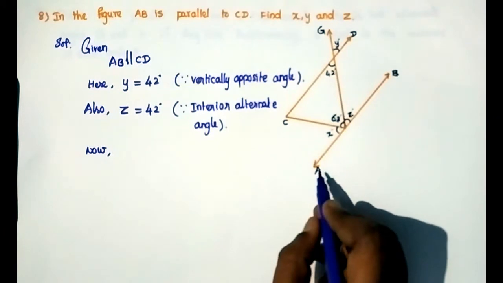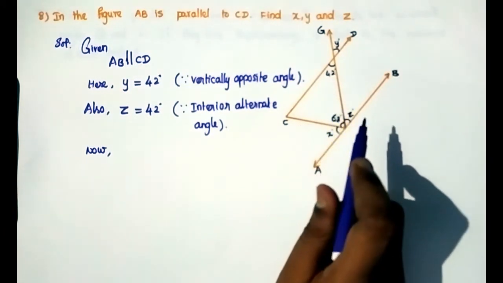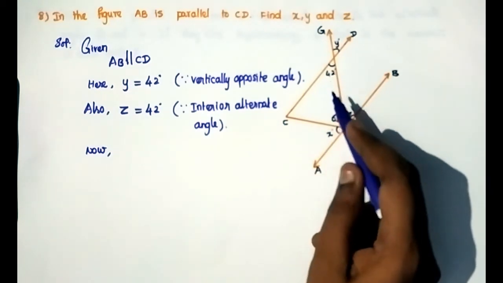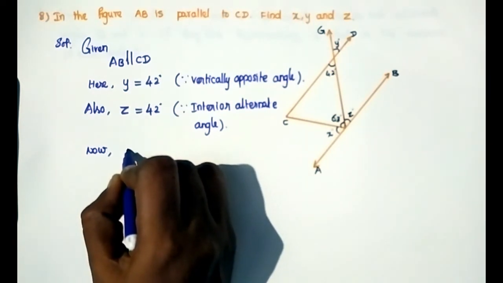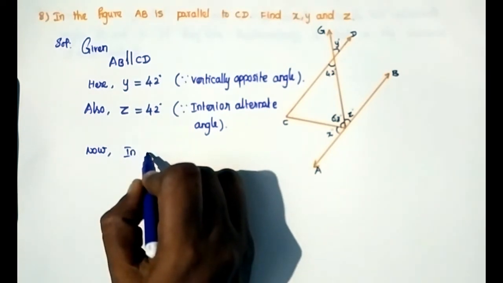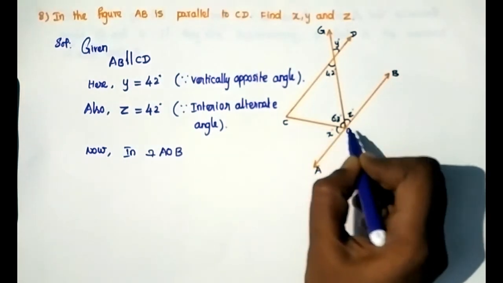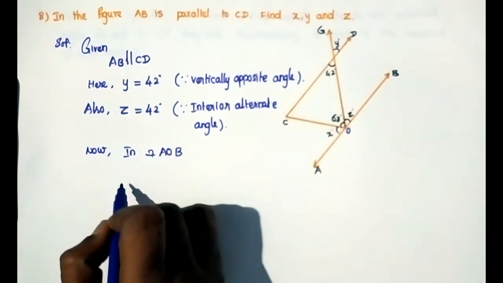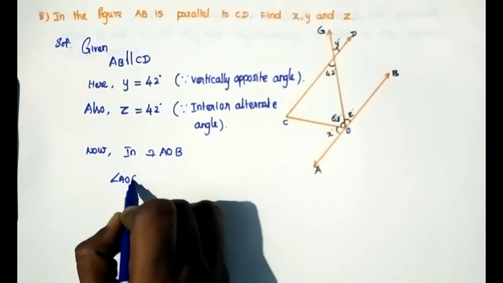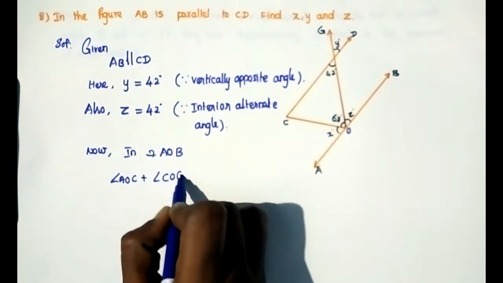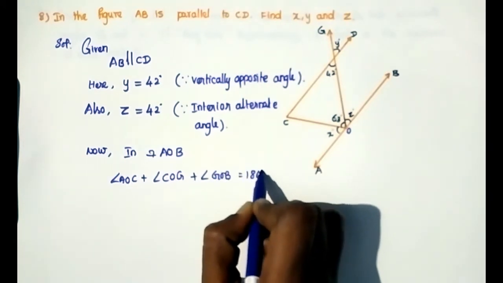Now angle AOC plus angle COG plus angle GOB in straight line AOB, here O. Angle AOC plus angle COG plus angle GOB equal to 180 degrees.